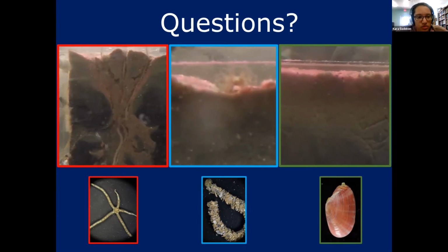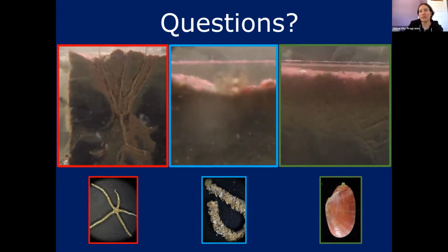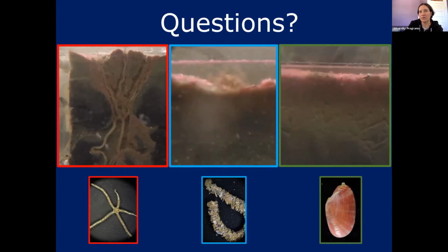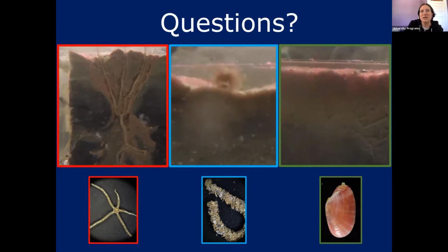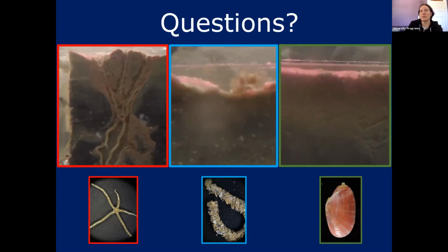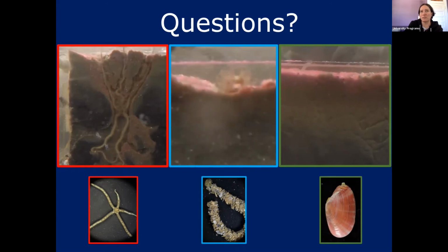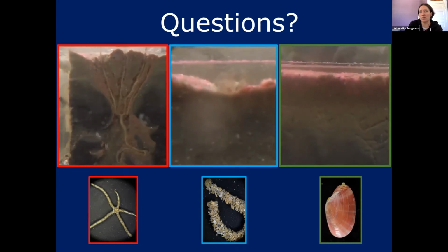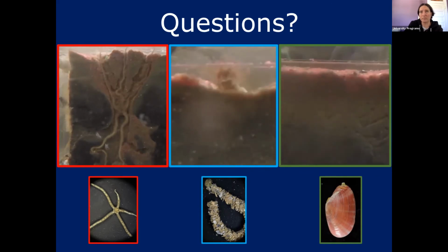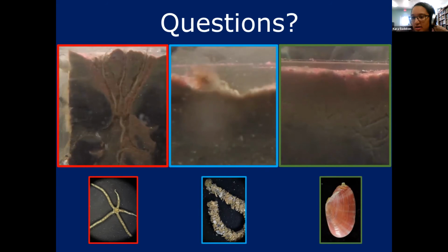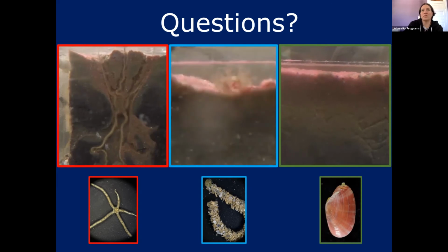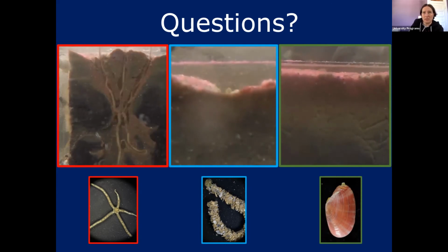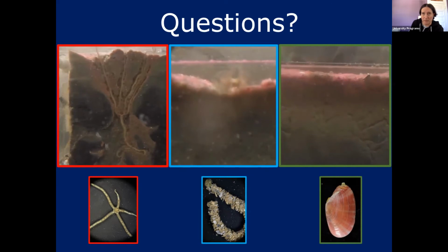So then the next question is from Janet. As a follow-up to John's question, do you know if all three of these species you tested have similar low DO tolerances in the field? Do you think a more sensitive organism, perhaps a burrowing crustacean, may exhibit more sensitivity to the 2 milligrams per liter? I didn't catch part of that question. Can you say the second part again? Do you know if all three of these species you tested have similar DO tolerances in the field?